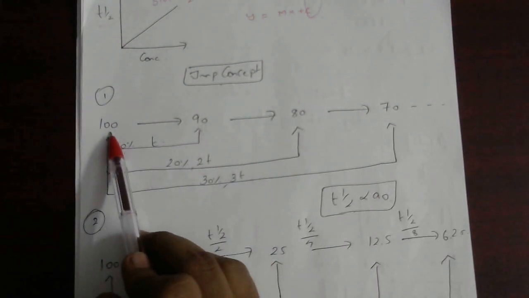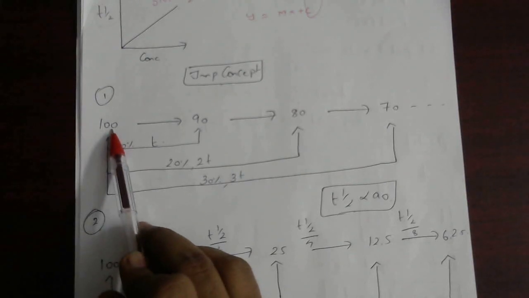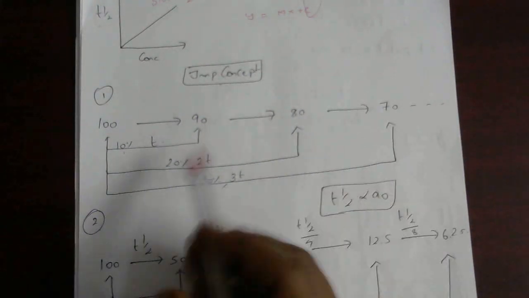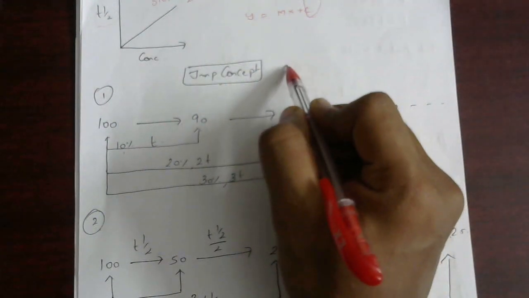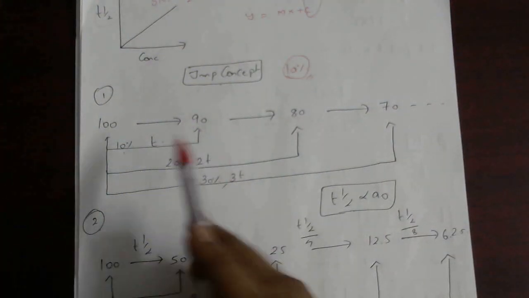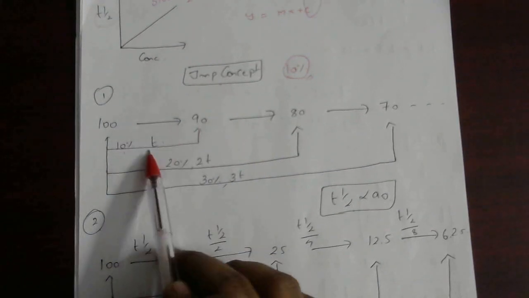For example, initially we have a naught as 100. If from this 100 it goes to 90, then 80, then 70, we have seen a 10% decrease each time. For 10% decrease, let me take the time t.